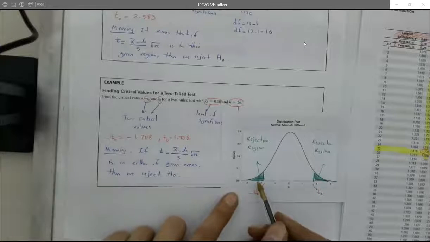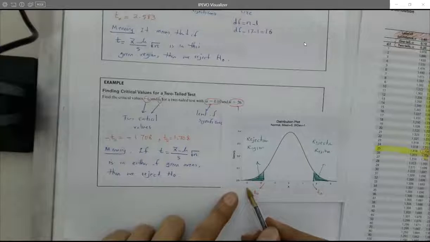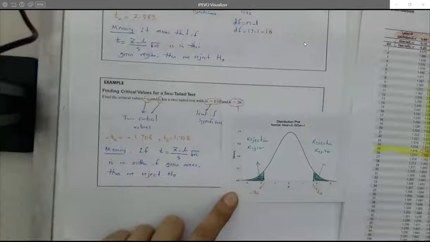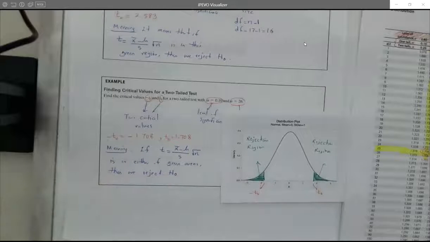If your t is less than negative t sub 0 or greater than t sub 0, we reject the null hypothesis.